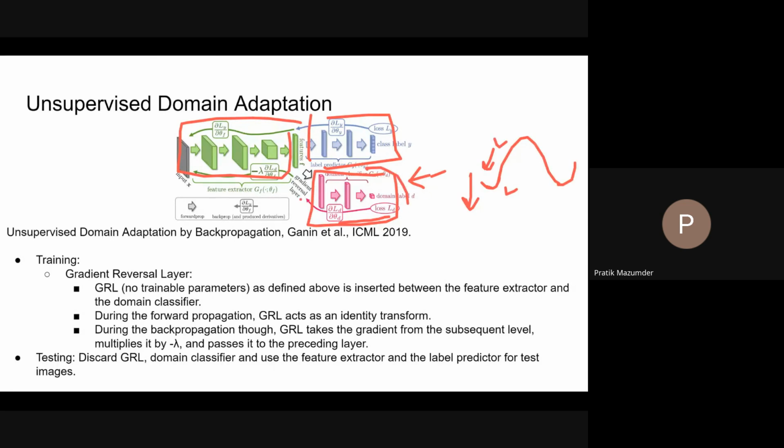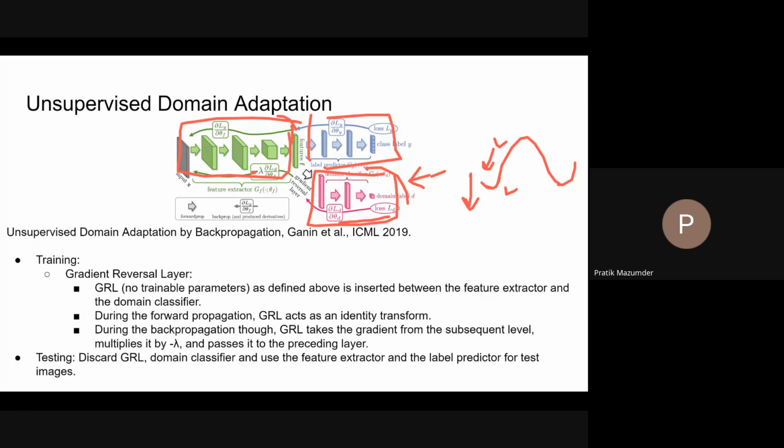But once you move over here, you have inverted the gradient value. So even though the feature extractor does not know that you have inverted the gradient value, internally it's thinking that I'm still updating my weights in order to reduce the domain classifier loss.